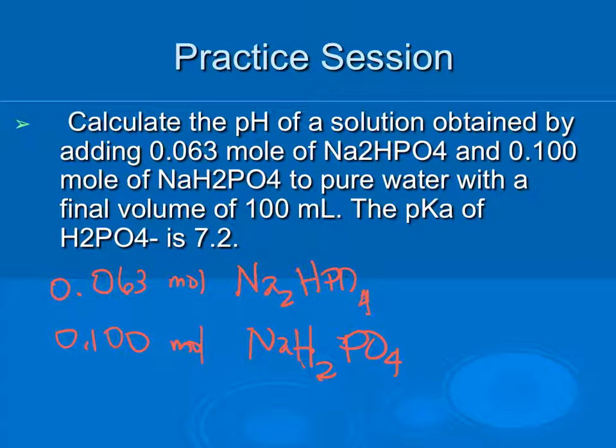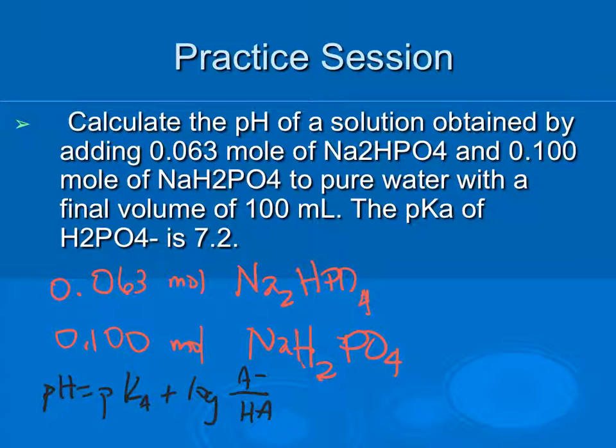To remember, this is the Henderson-Hasselbalch equation: pH is equal to pKa plus the log of the base form, which is A-. These are concentrations, but I'm just going to write it this way.